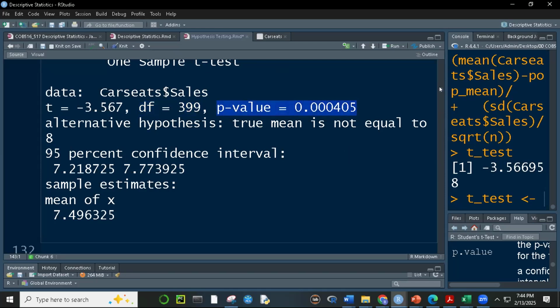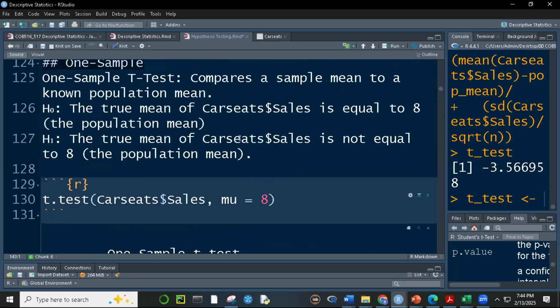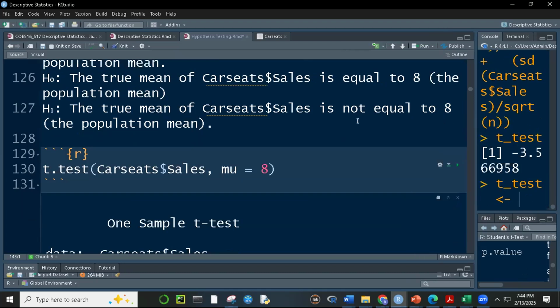So let's interpret this. We have to go back to our null hypothesis. The null hypothesis is that the true mean of our sales data from car seats is equal to 8. Remember, this is a one sample t-test, where we compare the sample to a population. The context here is that we know the population mean.